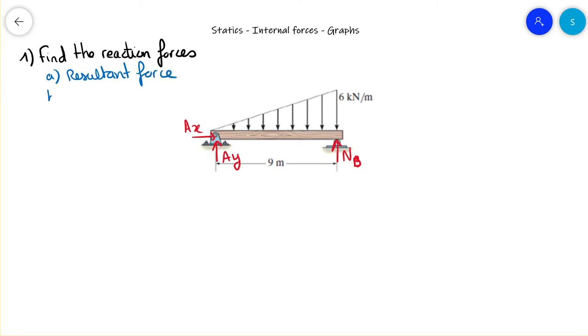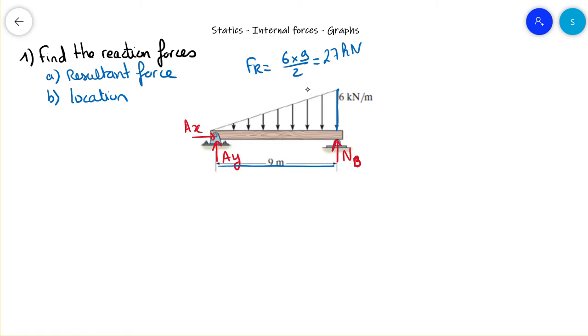So the resultant force for a triangle, FR, is equal to the base 6 times the length 9 divided by 2. So it's 3 times 9, which is 27 kilonewtons.